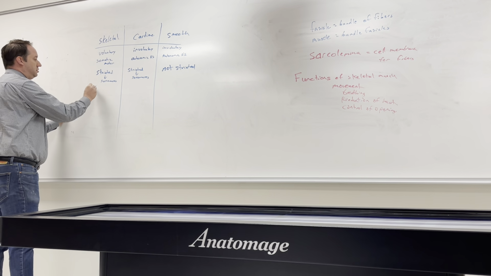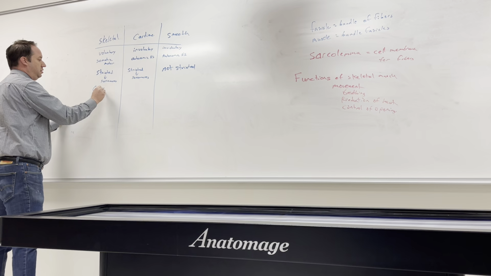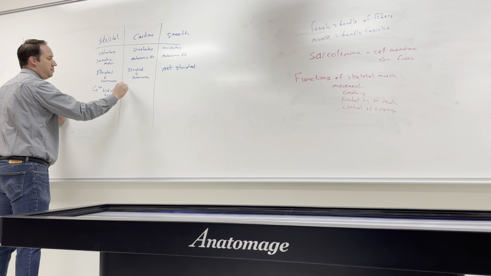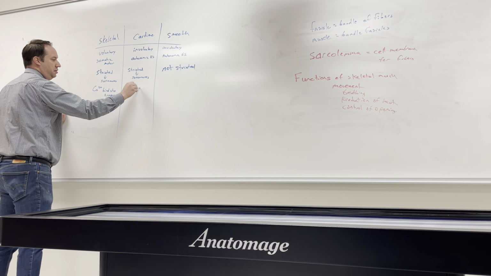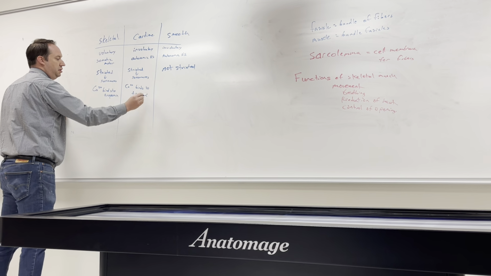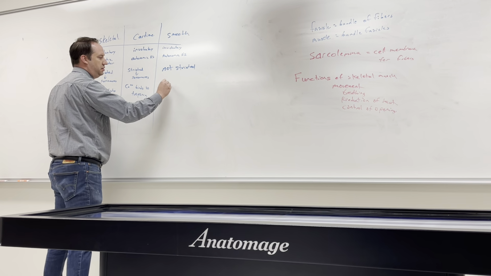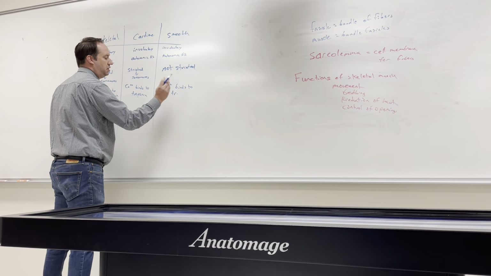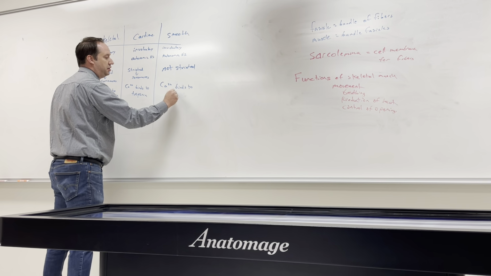In skeletal muscle, calcium binds to troponin. In cardiac muscle, calcium binds to troponin. In smooth muscle, calcium binds to tropomyosin, not tropomyosin, calmodulin.